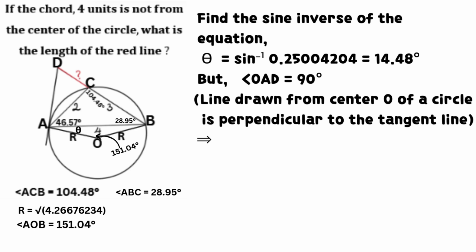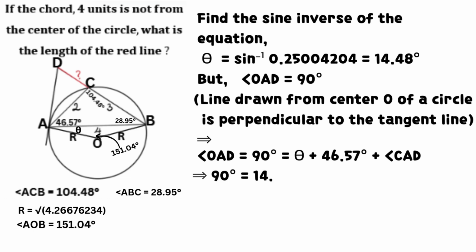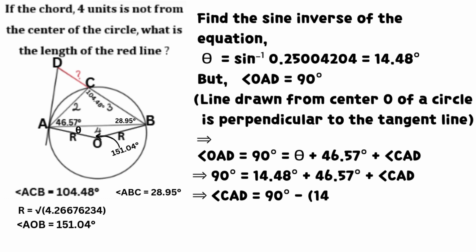Some of the values we already obtained are displayed at the left-hand side below the given question. This signifies that angle OAD equals 90 degrees, which equals the sum of theta, 46.57 degrees, and angle CAD. Hence, 90 degrees equals 14.48 degrees plus 46.57 degrees plus angle CAD.